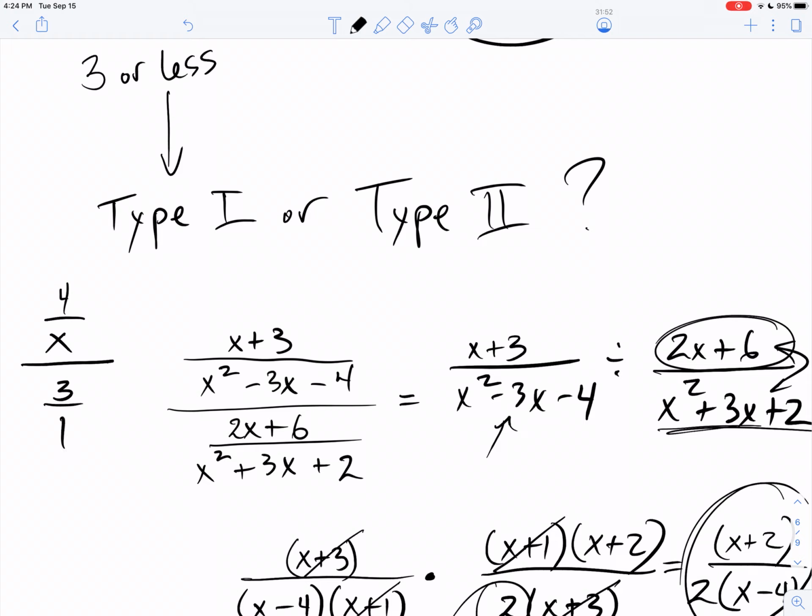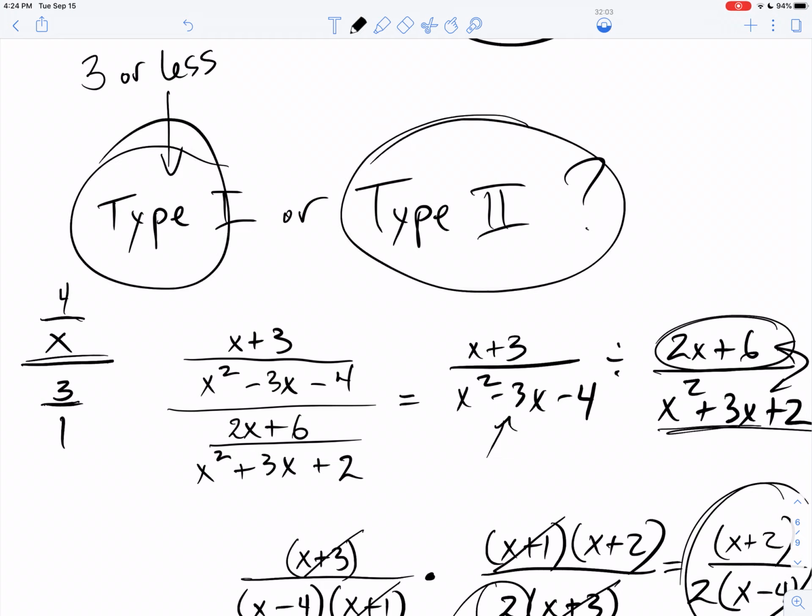So I did say something about that. Then you go 1, 2, 3 fraction bars. That's the type 1. Anything with more than 3 fraction bars, that is a type 2. So we'll say 3 or less, and over here we're going to say 4 or more. And that's how you know the difference between which thing you're looking at.